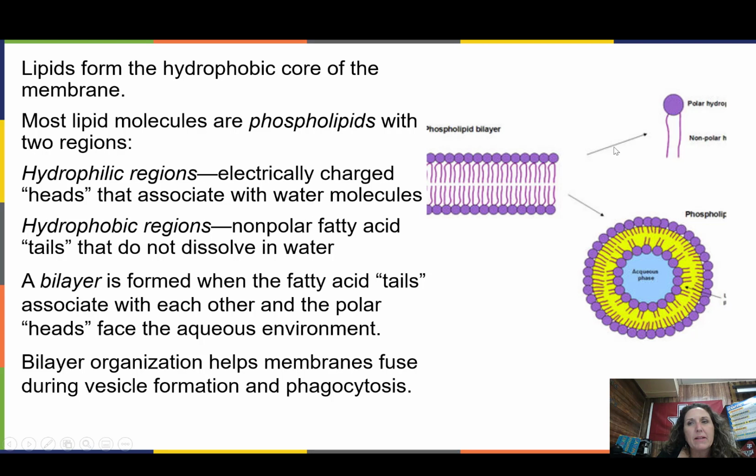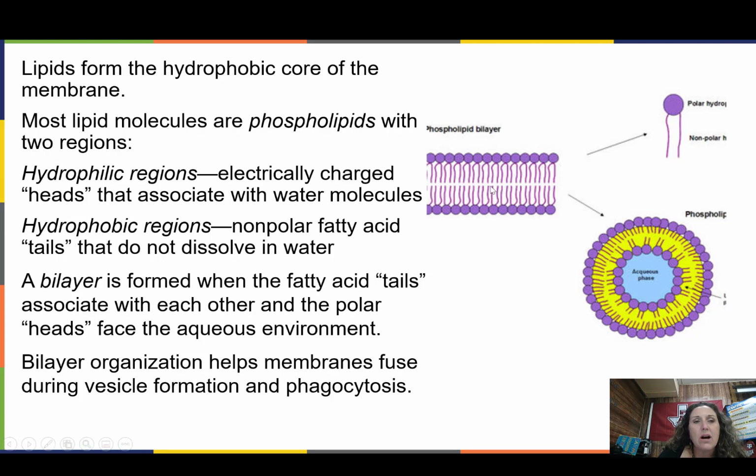So the phospholipid bilayer is made up of phospholipids, which have a phosphate head and fatty acid tail. The hydrophilic part, which means like water, hydro means water, phileo means to like, is the top part, the inside and the outside, or the heads. And they associate with water because they're polar.